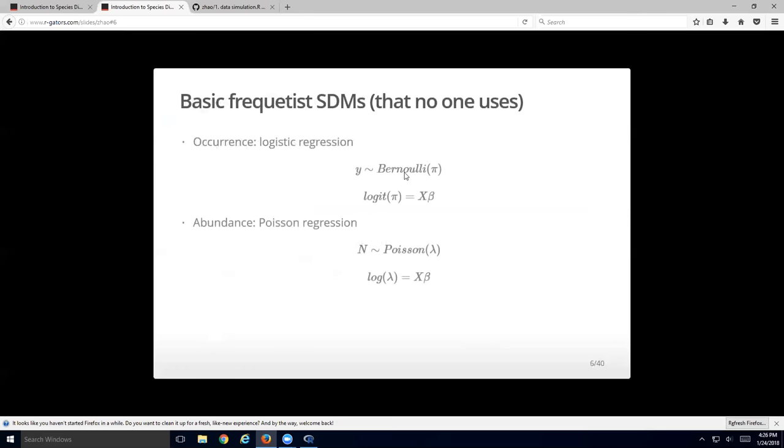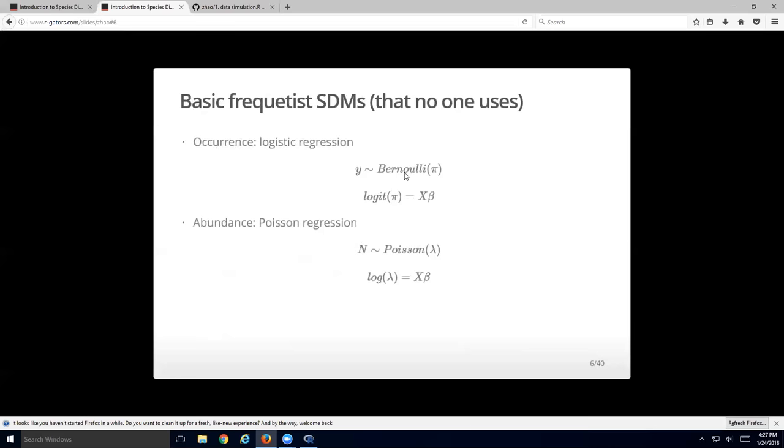As a side note, any statistical model can be used to study species distributions, and the most basic is just the old frequentist models, and two basic ones. First, if we want to look at the occurrence of a species, we can simply use logistic regression, right?